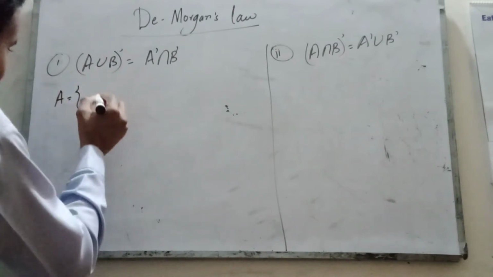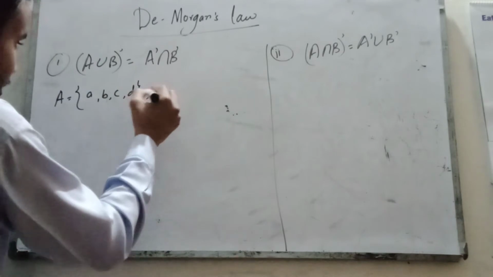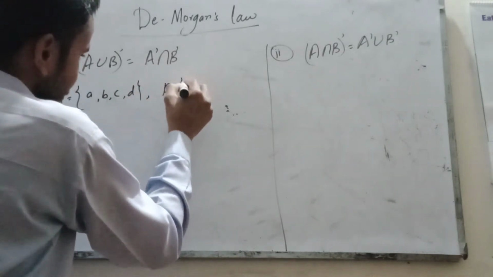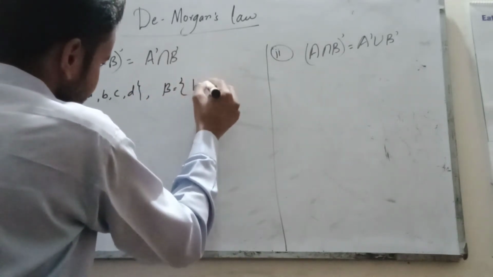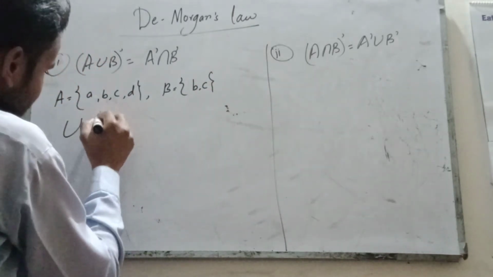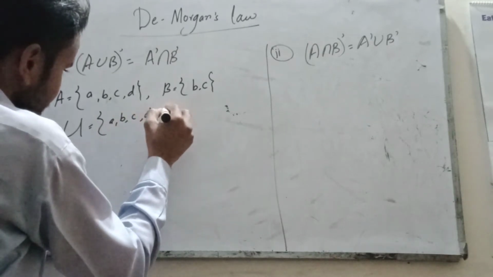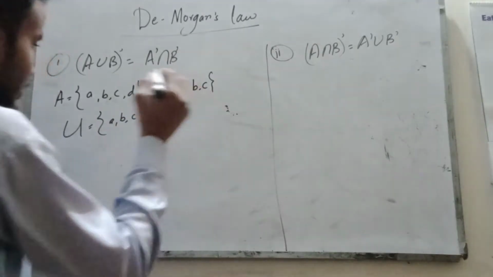A is equal to {A, B, C, D}, and B is equal to {B, C}, and the universal set is equal to {A, B, C, D, E, F}.